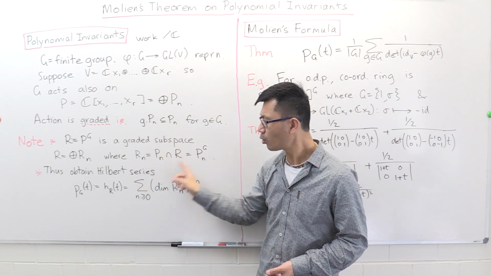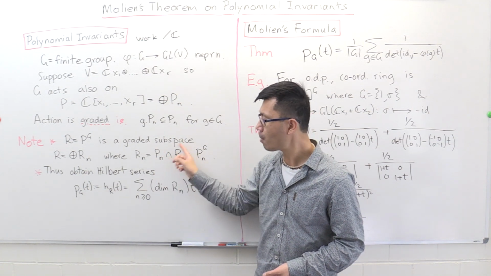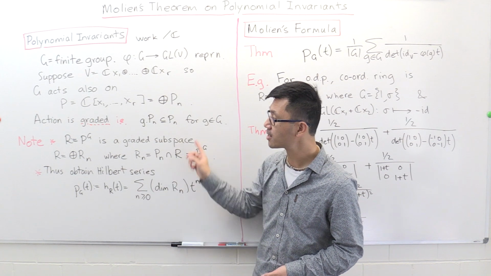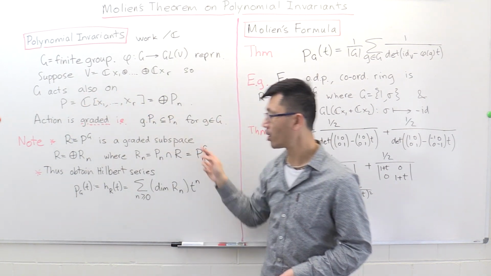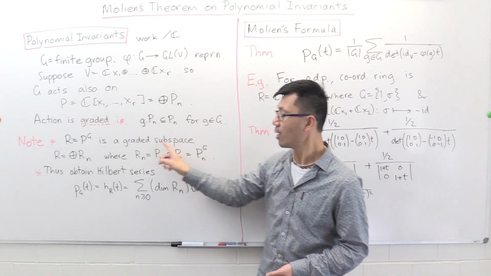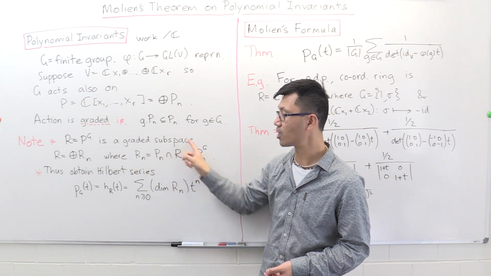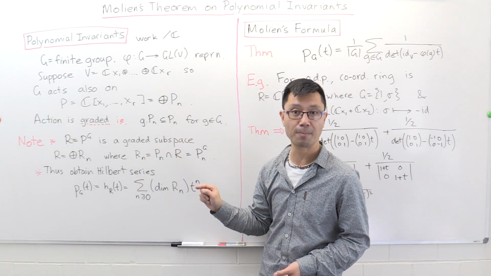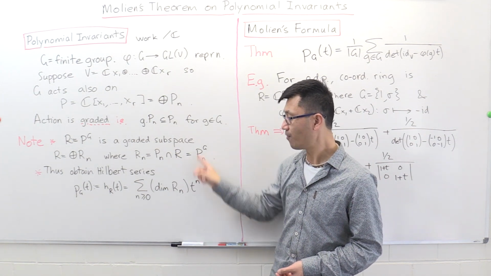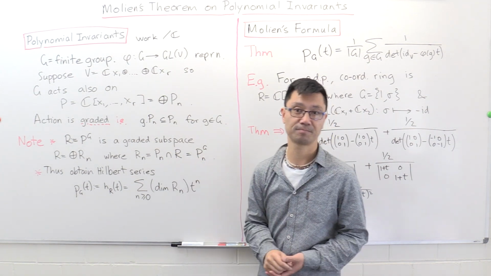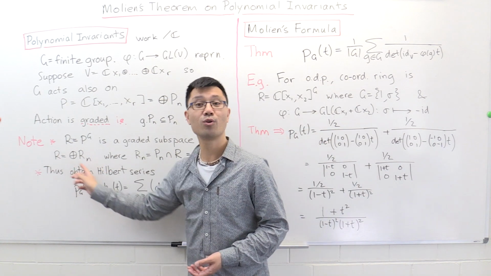To think a little more about what this actually equals, remember R is just the invariants inside P, the ambient polynomial ring. So what this equals is just the invariants inside Pn. Things which are invariant and also in Pn are just the invariants of Pn. It's quite easy to prove this result.